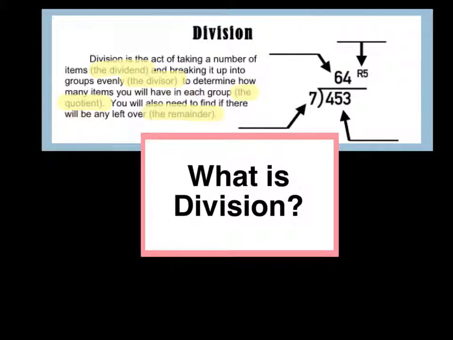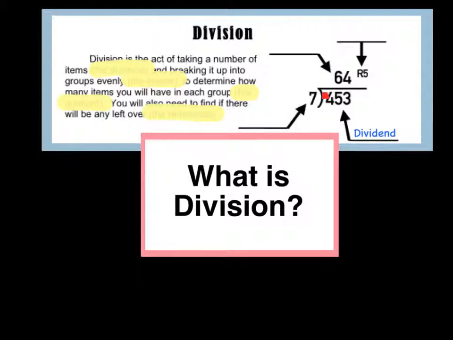Let's look at our division vocabulary. So over here, you're going to see that we have our problem set up, and each part of this problem is going to have its own vocabulary word. So if you look at the 453, this is the number of items that we are actually dividing, and that vocabulary term is called the dividend.